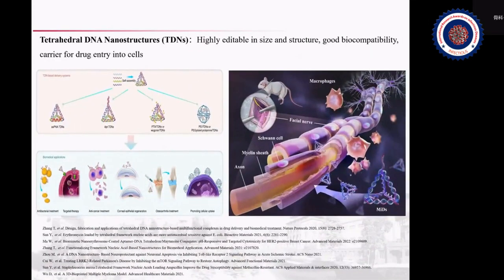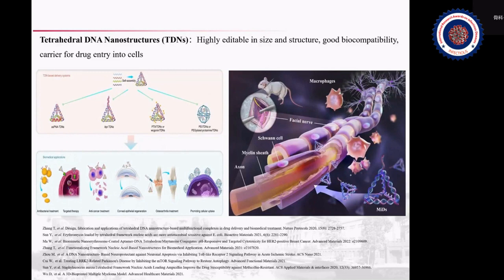Tetrahedral DNA nanostructure is a nanostructure self-assembled by four single-strand DNAs through precise base pairing, which is highly editable. DNA has good biocompatibility and strong affinity for bacteria and mammalian cells.